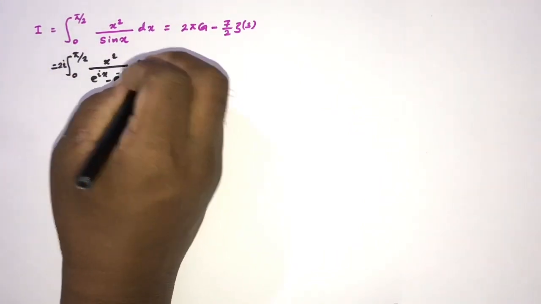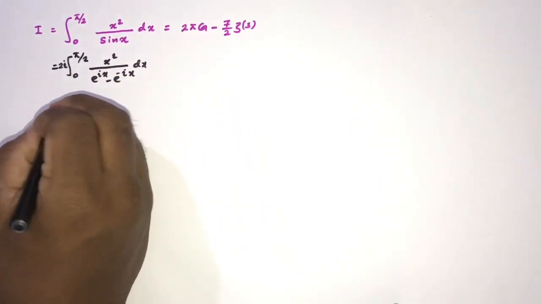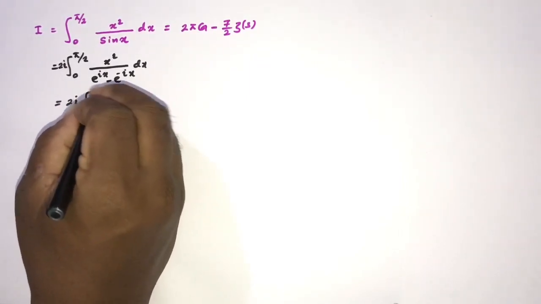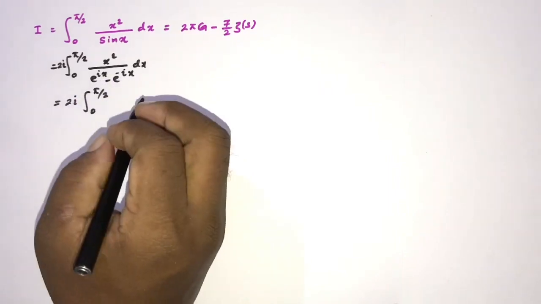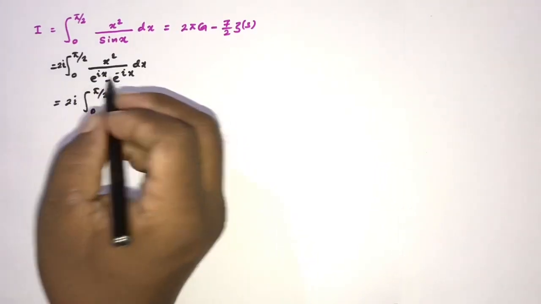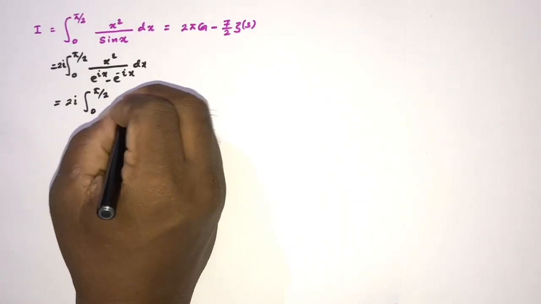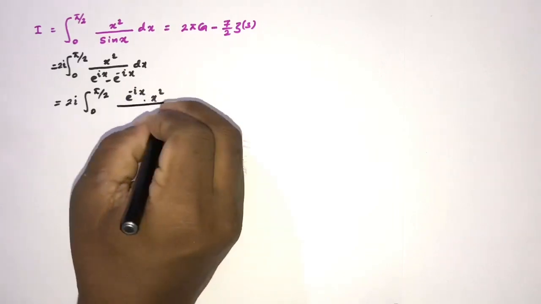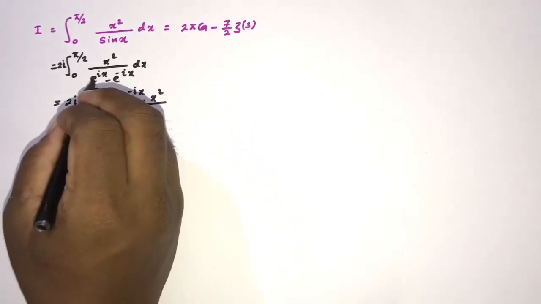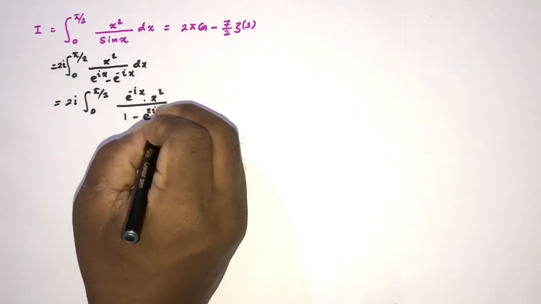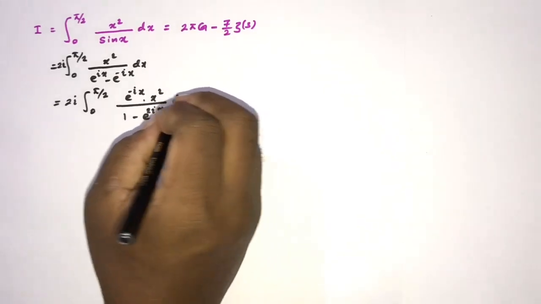Then here 2 times i, integral from 0 to pi over 2. Now I am going to multiply by e to the minus ix in both numerator and denominator. So we have e to the minus ix times x squared over 1 minus e to the 2ix dx.